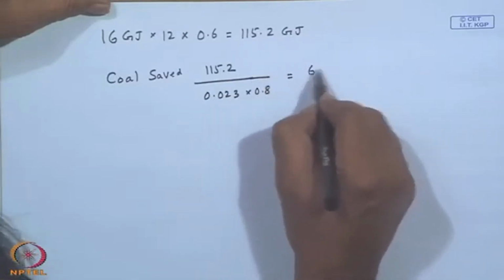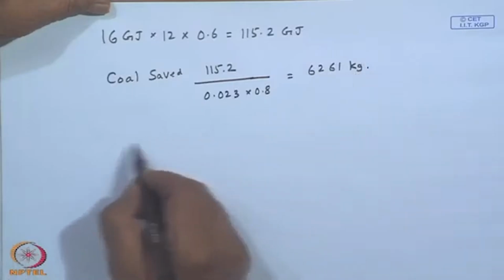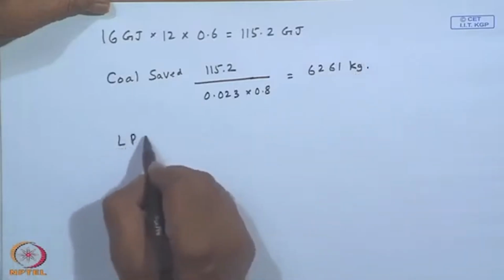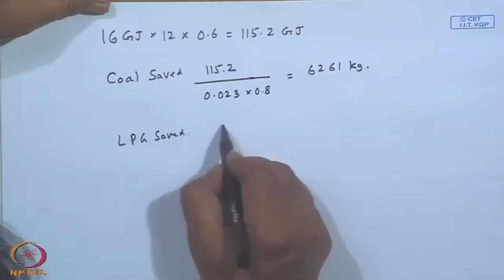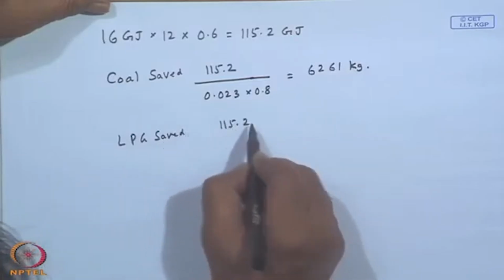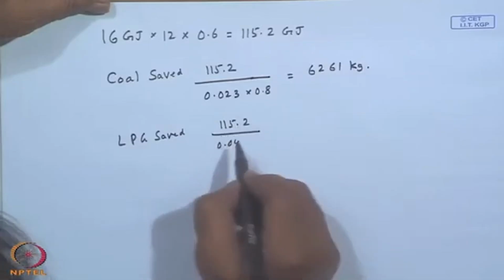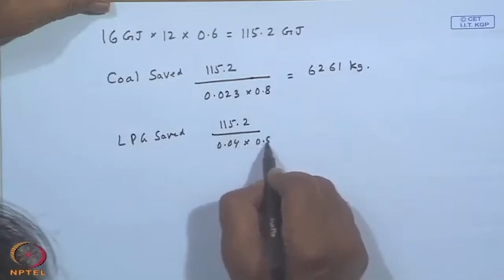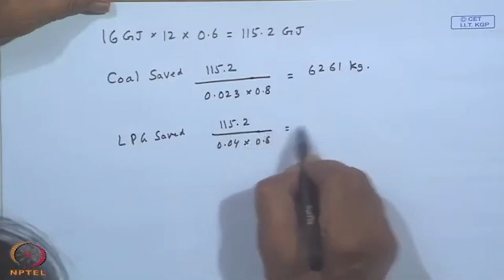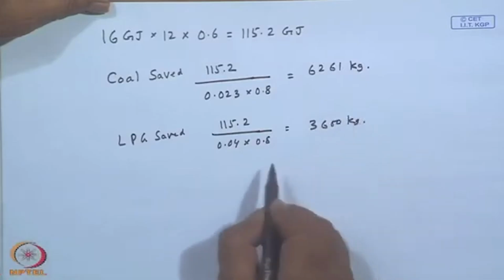That will be 6261 kilograms. And LPG saved will be 115.2 upon 0.04 gigajoules, that is the calorific value, multiplied by 0.8, the efficiency, which will be 3600 kilograms.